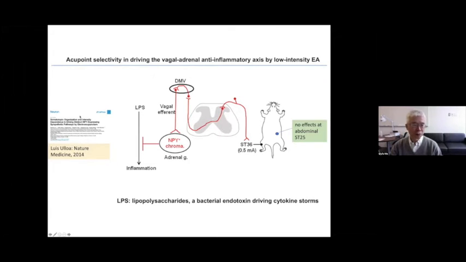So in the first paper we published, we showed one of the vagal somatosensory pathways discovered by Luis Ulloa, published in Nature Medicine in 2014. This is called the vagal-adrenal axis. He stimulated a hindlimb region like ST36, stomach 36, an acupoint just below the kneecap, through the anterior tibialis muscle.